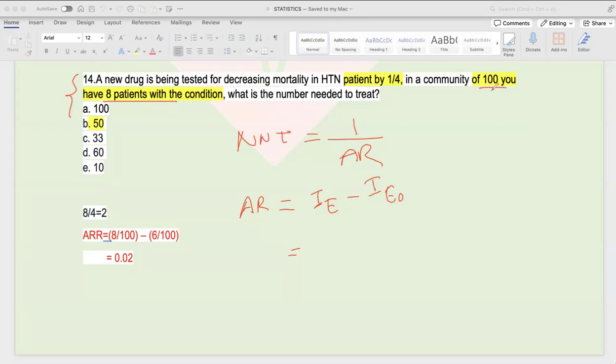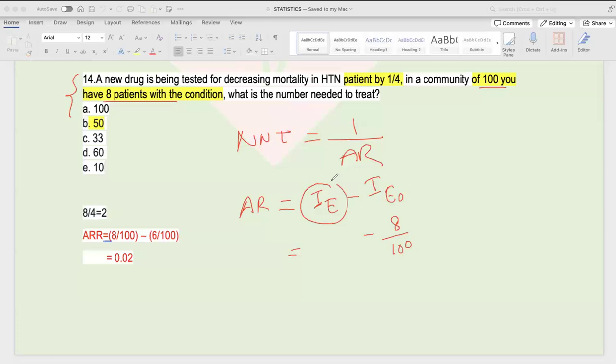So out of 100 patients in a community, 8 people have the disease and are not on any kind of medication. So what is the incidence rate in the non-exposed group? 8 out of 100. So 8 divided by 100, that's the incidence rate in the placebo group or the non-exposed group.